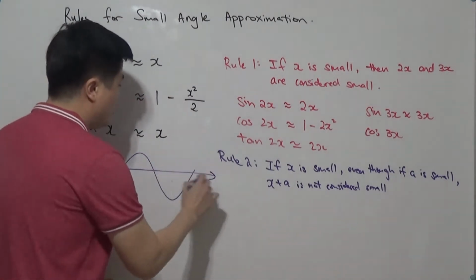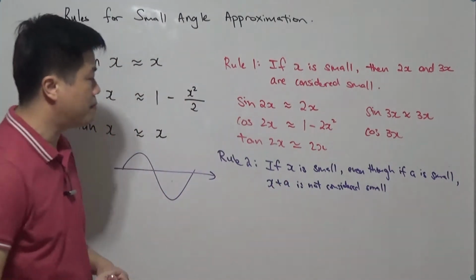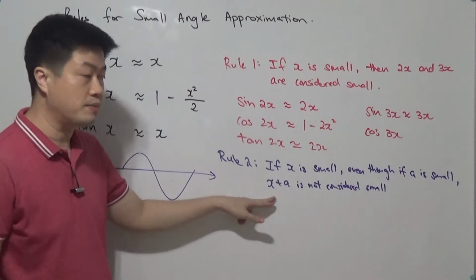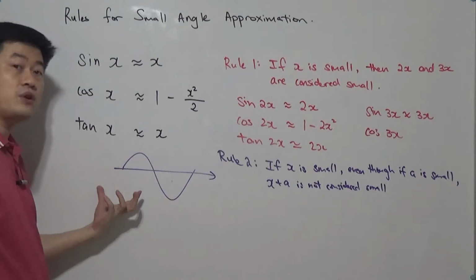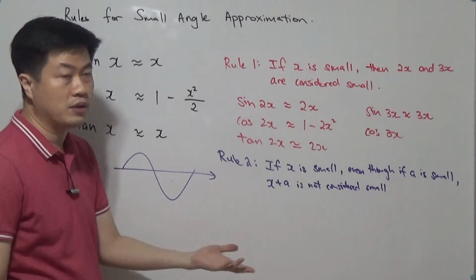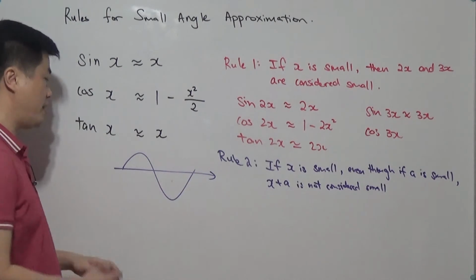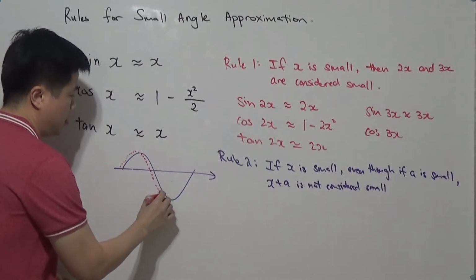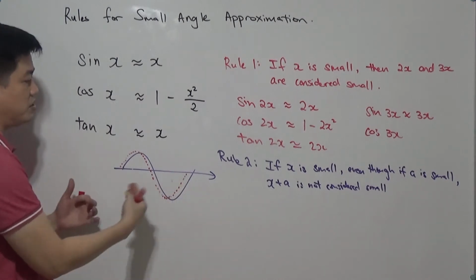But if you have sine of x plus a, and it doesn't really matter whether a is positive or negative, we know from graph transformation that it shifts the graph, or rather translates the graph, either left or right by a units. If a happens to be positive, then we translate the graph by a units in the negative x direction. So we'll be looking at a graph like this. This red dotted one is offset by a units.